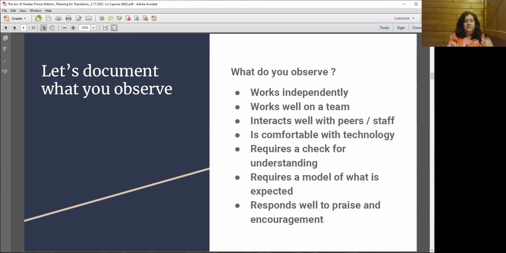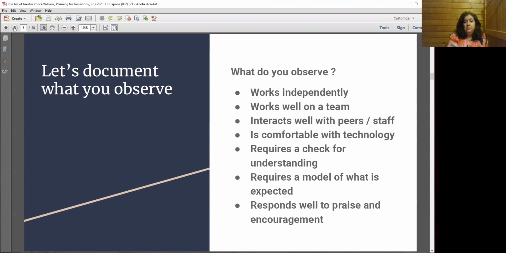A model of what is expected. This is a big one. I think if students see what they're supposed to do, see the end product, watch somebody else do an activity or task, that is just priceless for them to go, oh, now I know what to do because I've seen it. I know this is how this task is supposed to be performed, or this is how this activity is done.